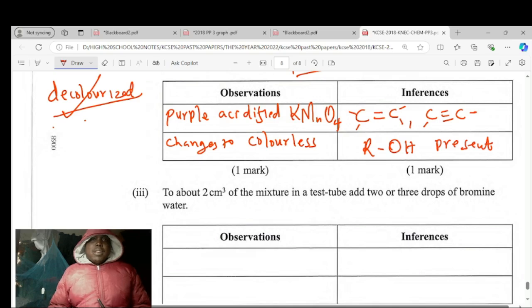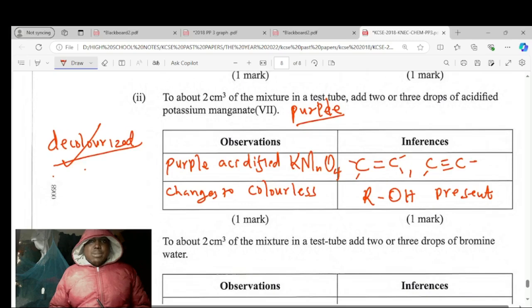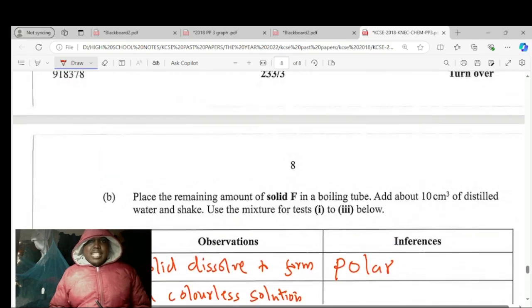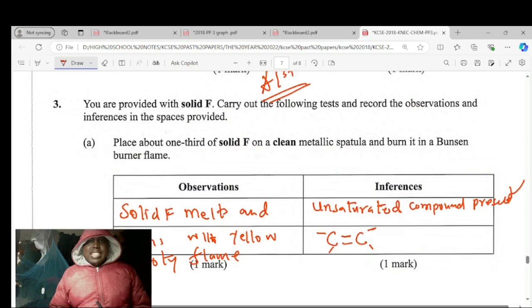Now, this one is used to test for these three, but for the sake of elimination method, we had said here that these are unsaturated, since it burns with a yellow sooty flame. We know alcohols burn with a blue non-sooty flame.